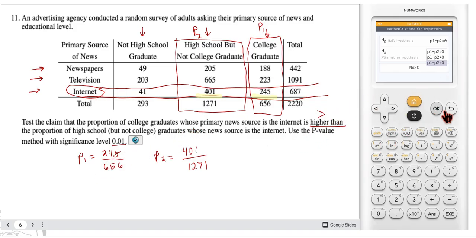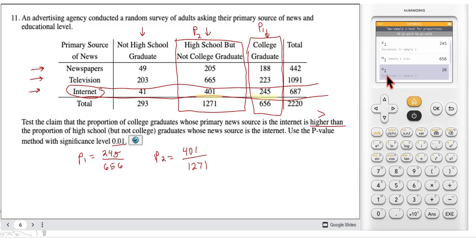Okay, so we set that up, and then from here on in, we just enter our statistics. Sample size is... sorry. Oh wait, see, looking up here instead of down here, so easy to mess up. 245 for proportion one successes out of 656.